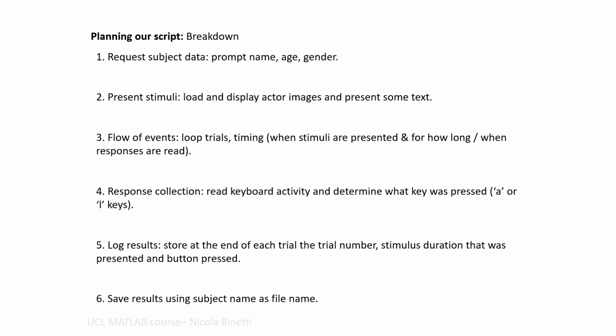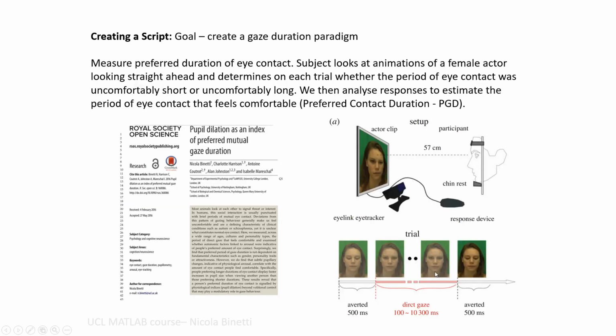It basically means that at the end of each trial, we want to store some information. That might be information, for example, on the trial number that we ran, or, most importantly, the stimulus duration that we presented. So remember that on every trial, the duration of direct gaze is actually going to vary.